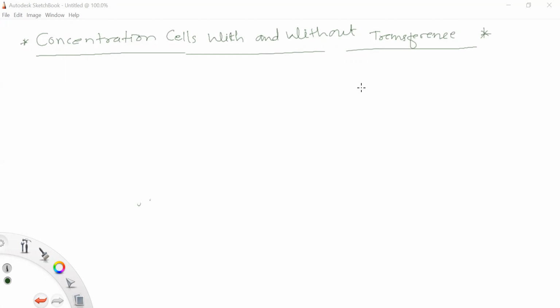Due to this, the concentrations or activities have some differences. So there is some concentration or activity difference between these two electrodes, and this difference may be either in the electrodes or in the electrolytic solutions.